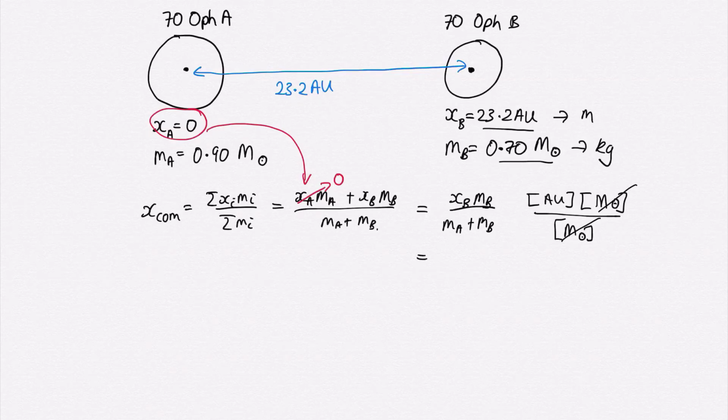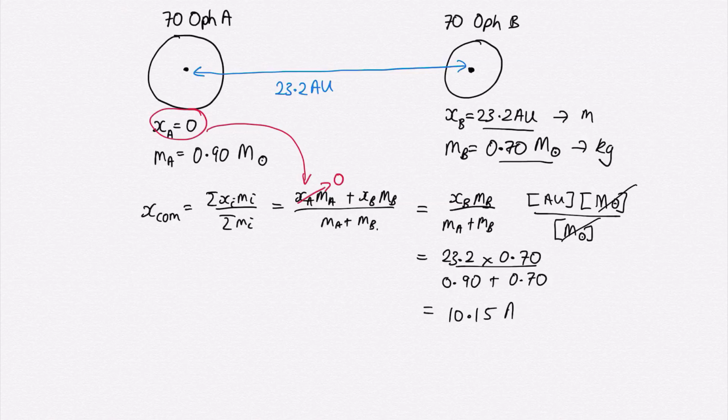So let's now substitute in. I've got 23.2 times 0.70 over 0.90 plus 0.70, and solving that on the calculator, I get 10.15 AU. So we can write this as 10.2 AU.